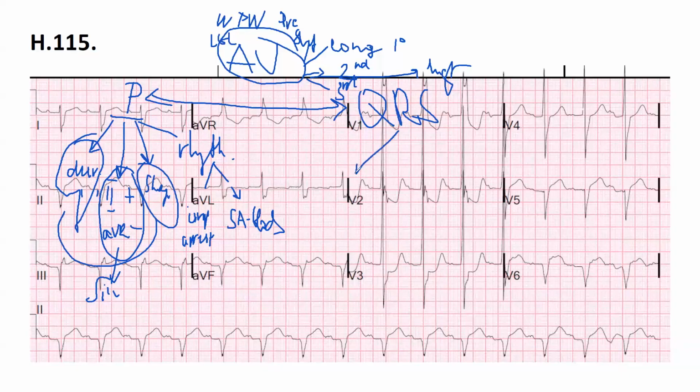QRS. Next one. Wide. You can have bundle branch blocks. Yes? Narrow.